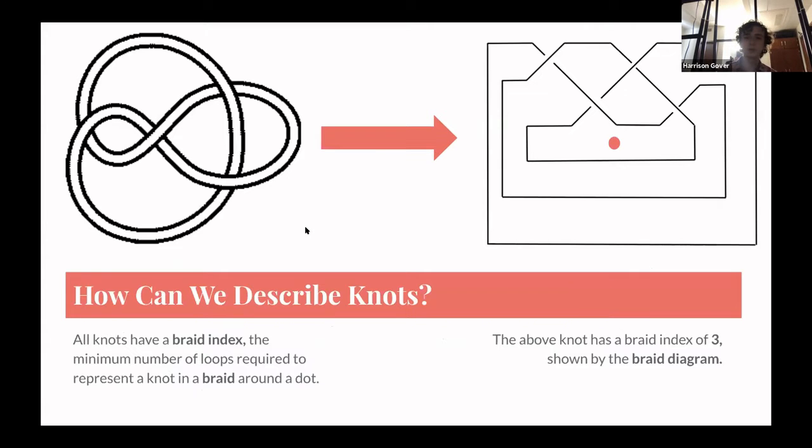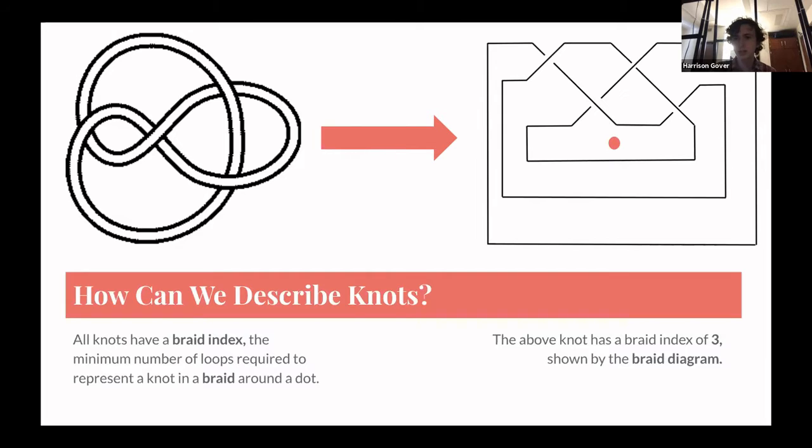Next, we move on to the braid diagram. There are lots of different types of diagrams, and one of them is the braid diagram. The braid diagram takes a typical knot and puts it around this single dot right there, and it goes in a constant clockwise or counterclockwise direction around it.